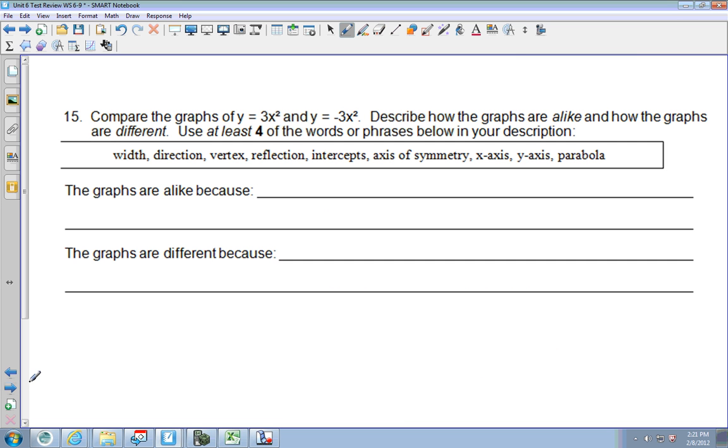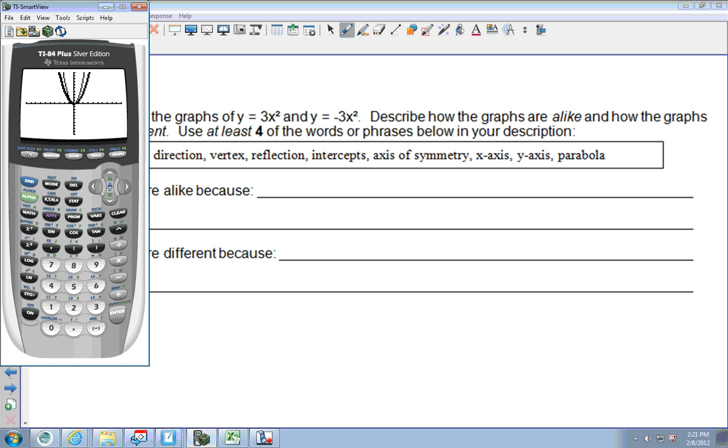Next, number 15, it says compare the graphs y equals 3x squared and y equals -3x squared. Describe how the graphs are alike and how they are different. Use at least 4 of the words or the phrases in your description. So I can go in here and let's make this one 3x squared.